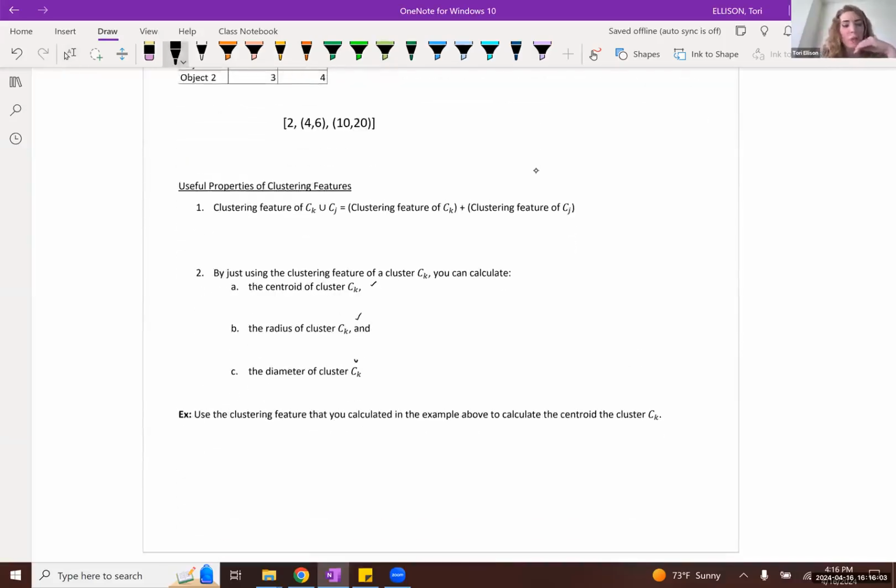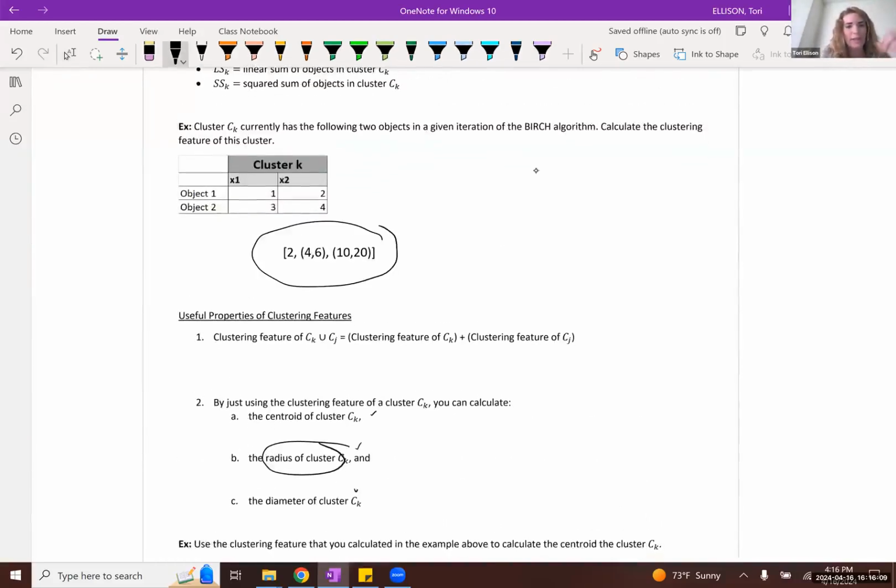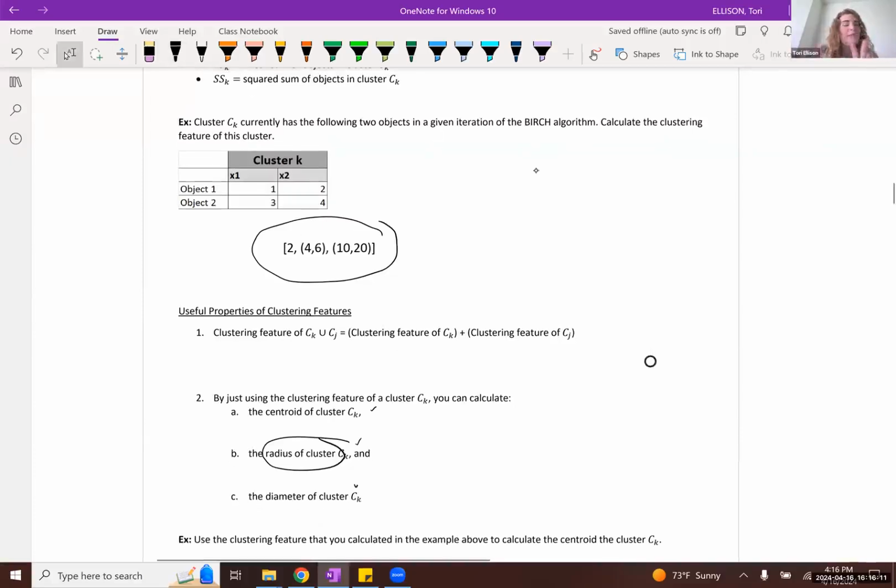The actual equation for how you might calculate the radius of a given cluster based on the clustering feature is something that I introduced in the practice test. So you can take a look at that equation if you'd like to.